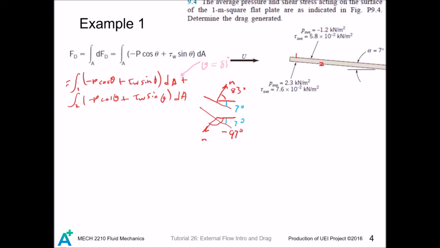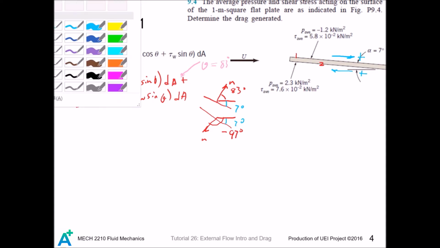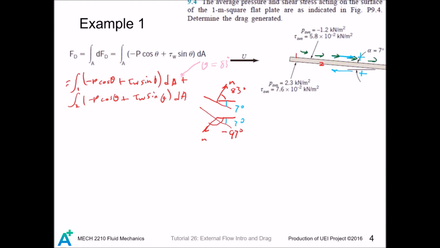But before we continue, I want to talk about the sign convention for the shear stress first. The sign convention is that for the top surface, this side is positive, and for the bottom surface, this direction is positive. But the shear stress is going like this on both the top and the bottom surface. So the bottom side shall be taken as negative.